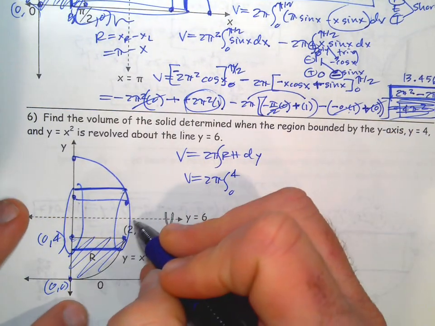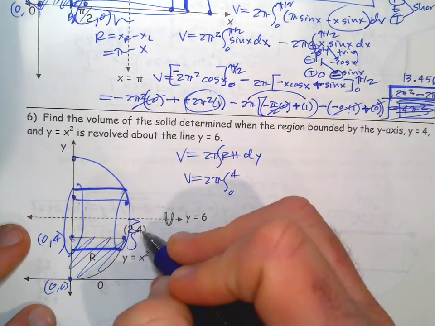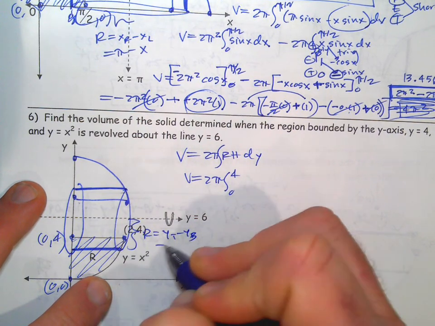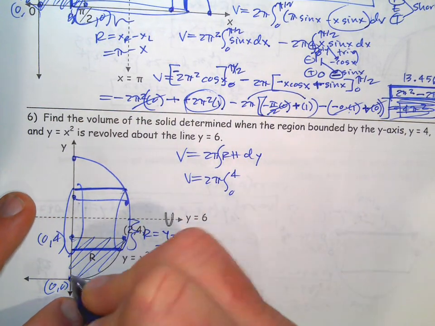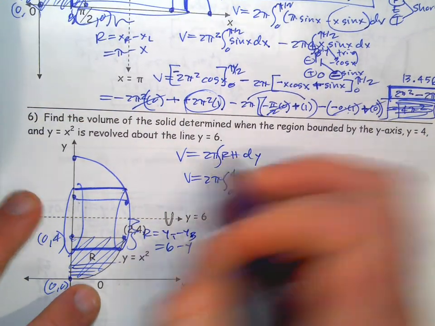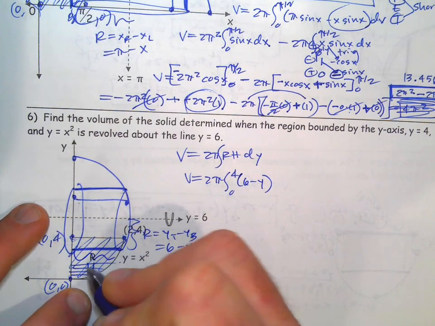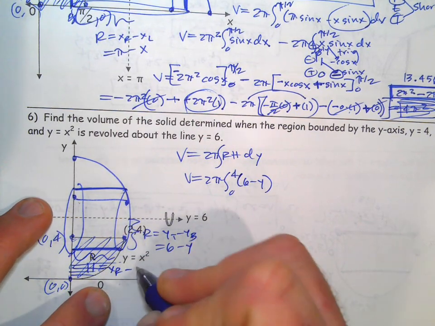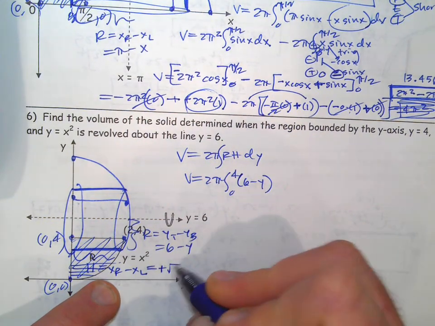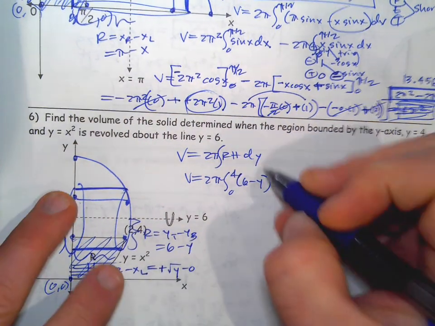The radius of a shell is y top minus y bottom. Y top is 6 minus whatever y value we're at in our slicing. 6 minus y. H is x right minus x left. X right is the positive square root of y. X left is 0, so it's just going to be square root of y.